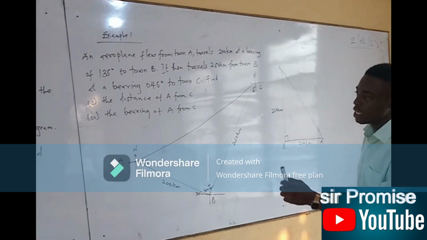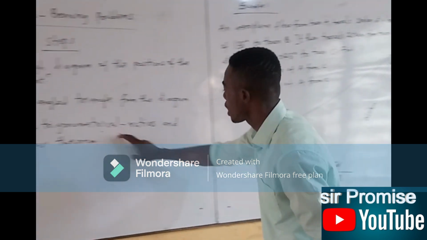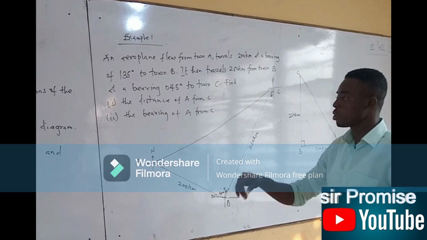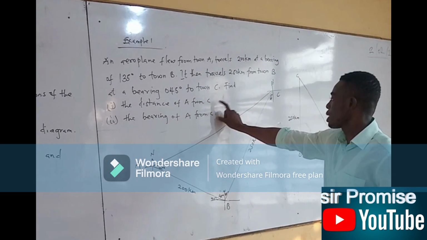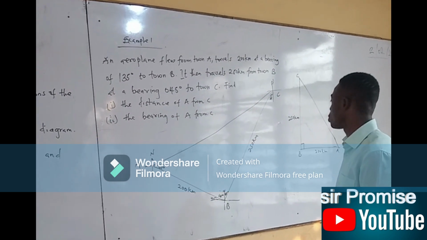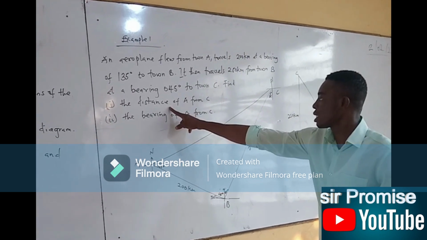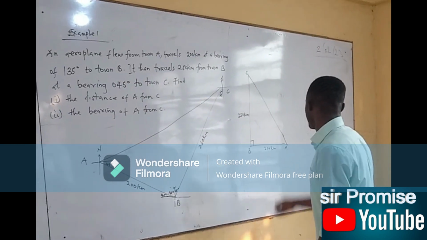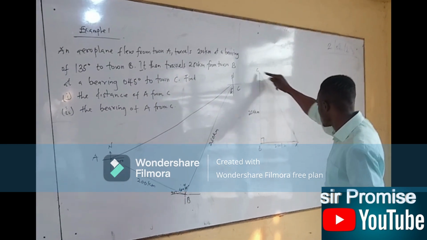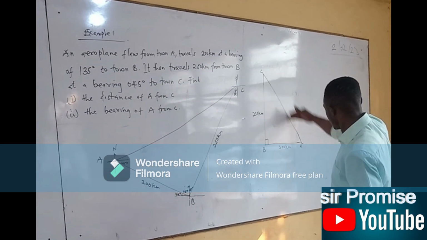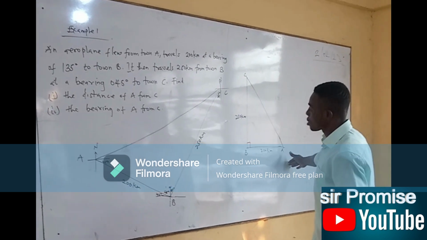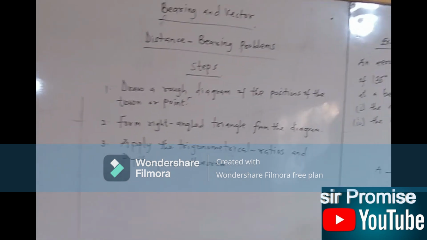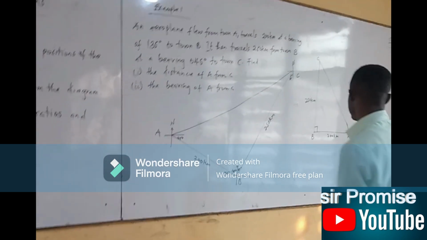So the second rule, we are done with it. But the third rule is saying to apply the trigonometrical ratio and Pythagoras theorem. So that is what we are going to apply to solve what they are asking us to do. The first thing is that they say we should find the distance of A from C. So from C to A, what is the distance here? We are going to apply the Pythagoras theorem.